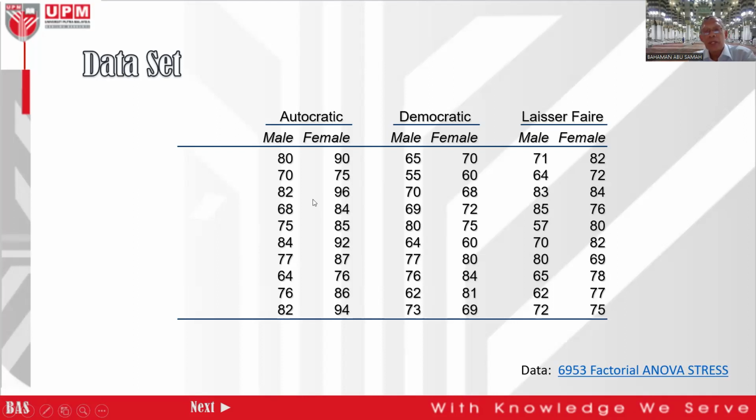I mean, we have 10 teachers working under a male autocratic principal, another 10 working under a female autocratic principal, another 10 working under a male democratic principal, another 10 working under a female democratic principal, and finally another 10 and 10 for male and female under laissez-faire leadership style.